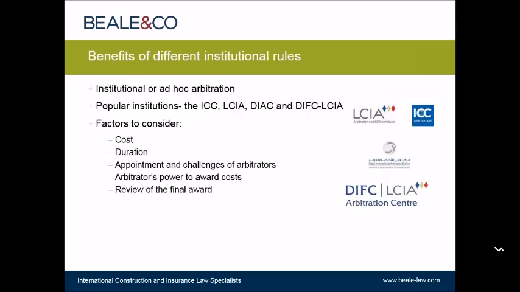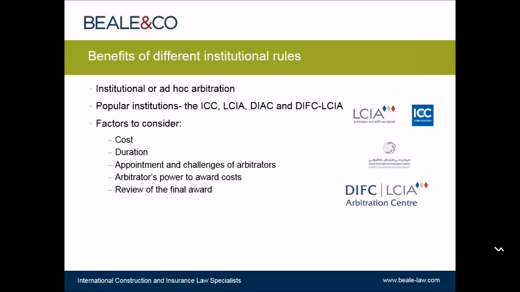As Anna explained in our first webinar, a key drafting point of an arbitration agreement is to set out whether the arbitration will be institutional or ad hoc. Institutional arbitration is where a specialized institution intervenes and takes on the role of administering the arbitration process.